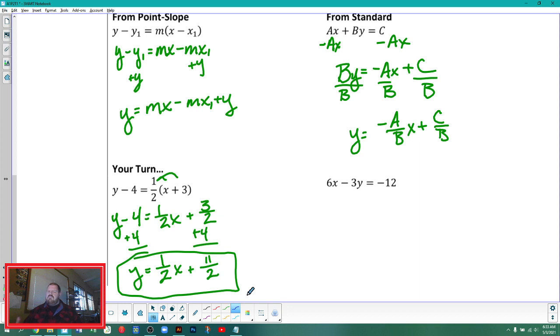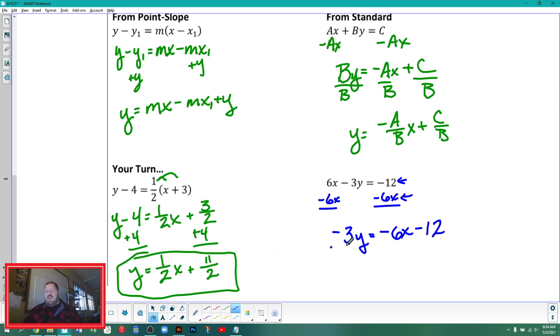Next one. This one, actually, I almost think of as easier. When I'm moving standard form into slope-intercept form, the one thing I have to remember is that this 6x and this negative 12 don't combine. The 12 doesn't have an x on it, so they don't combine. And so this is what I get.